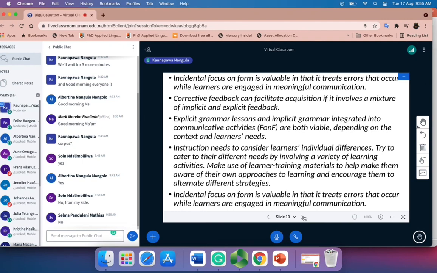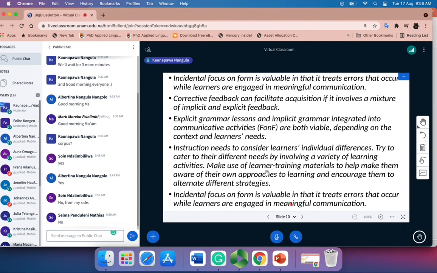And then explicit is when you say, oh yeah, there's an error here, and this is how you change it, or you ask them how they would change this error once you have given that feedback to the learners. And they say that both implicit and explicit feedback are important. You can use them by mixing them up. You don't always use one, but use them both because they help the learners acquire the language.